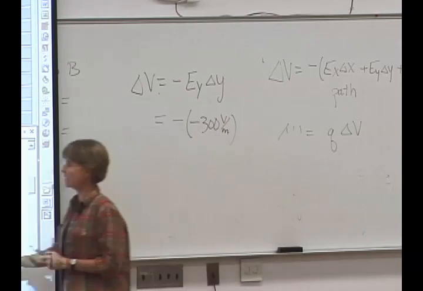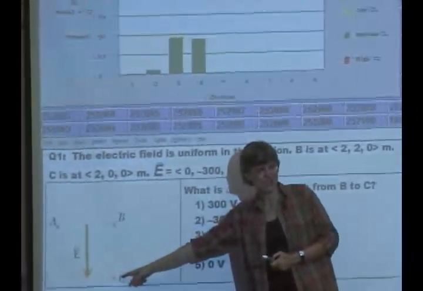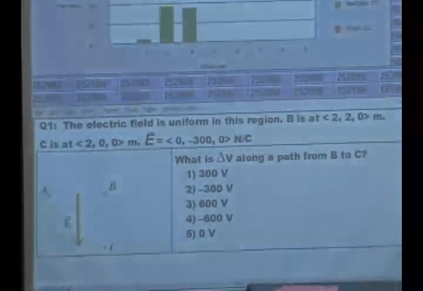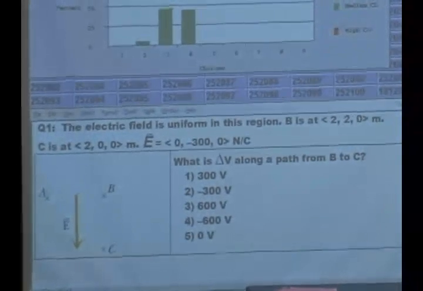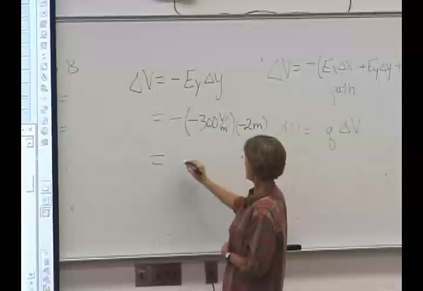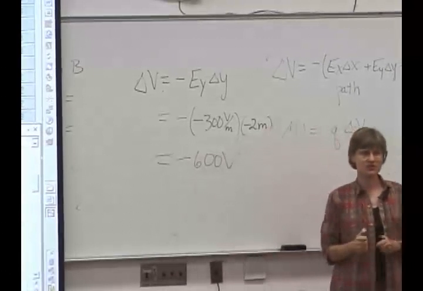And delta y is going from there to there, so it's final minus initial. So it's 0 here and 2 there, so delta y is a negative 2 meters. And that gives us 1, 2, 3 minus signs, so looks like negative 600 volts.